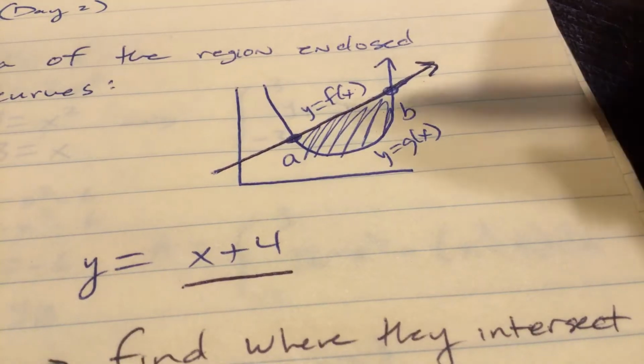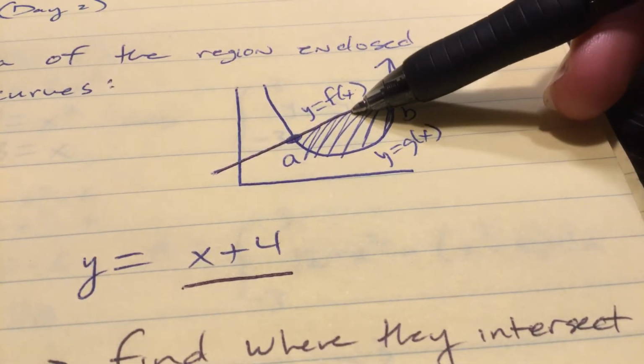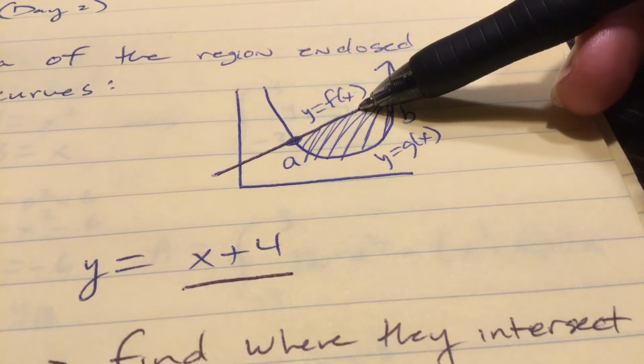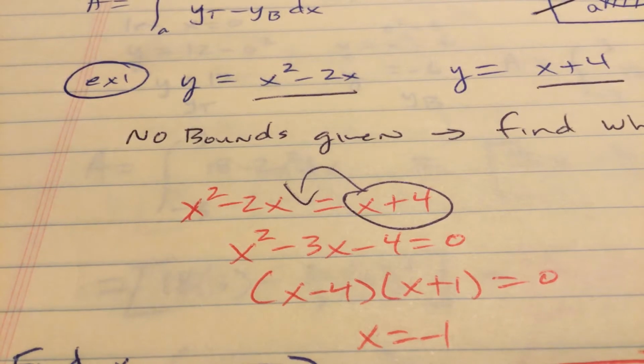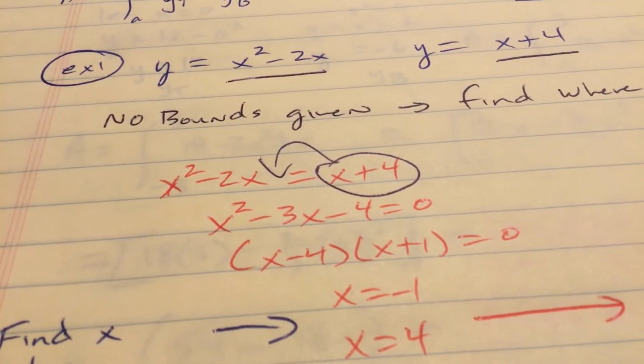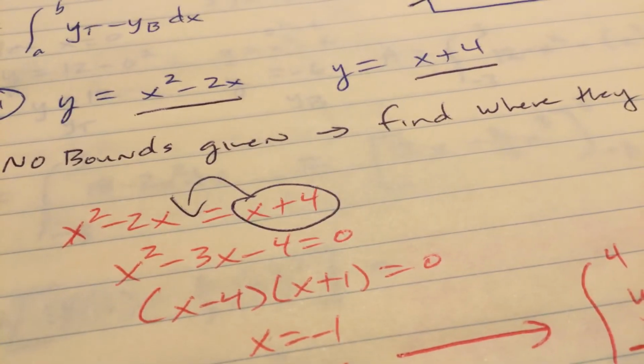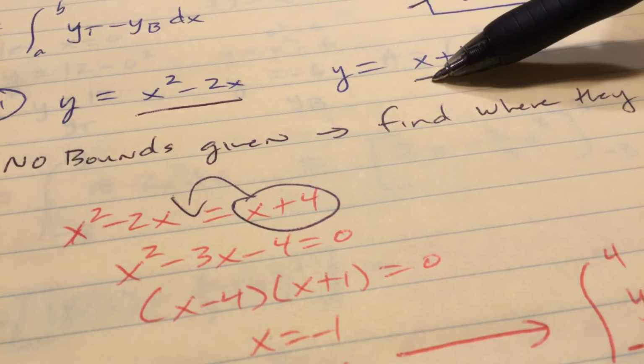Just like before, I have a line and I have a parabola. Now I don't know if that's the exact order, but which one of these is top, which one is y bottom. In order to figure that out, I know they intersect at -1 and 4. I need to pick an x value between -1 and 4, and plug it in. If I plug it into both, I can find the y value. Whatever has the biggest y value.